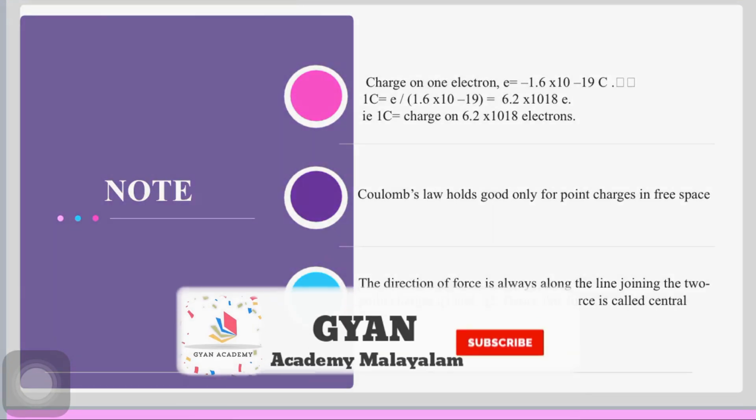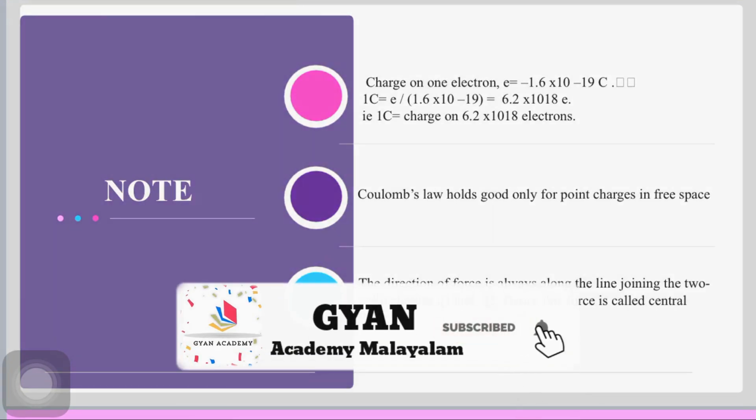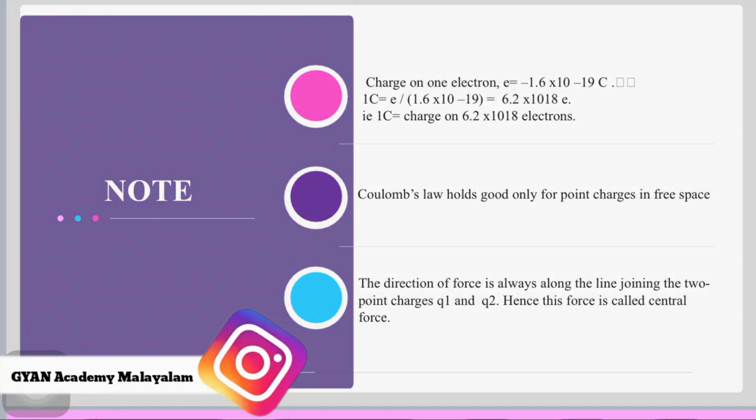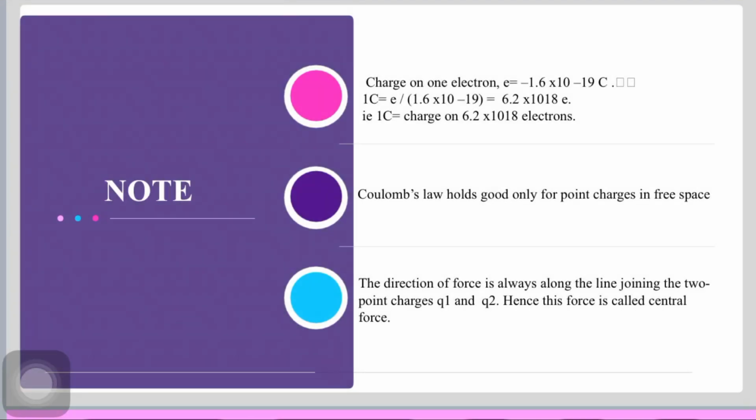Second point, it holds only for point charges in free space. Third point, the direction of force is always along the line joining the 2 point charges Q1 and Q2, and this force is called a central force.